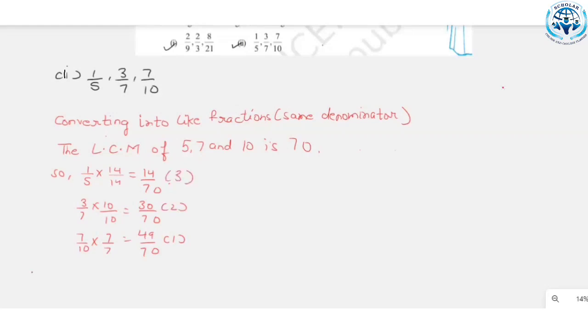The first one is 49 by 70, then 30 by 70, then 14 by 70. So the equivalent fractions will be written in descending order as 7 by 10, then 3 by 7, then 1 by 5.